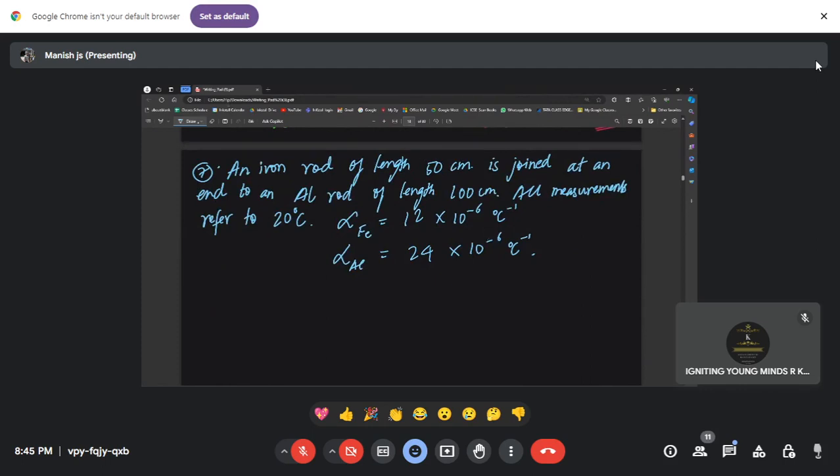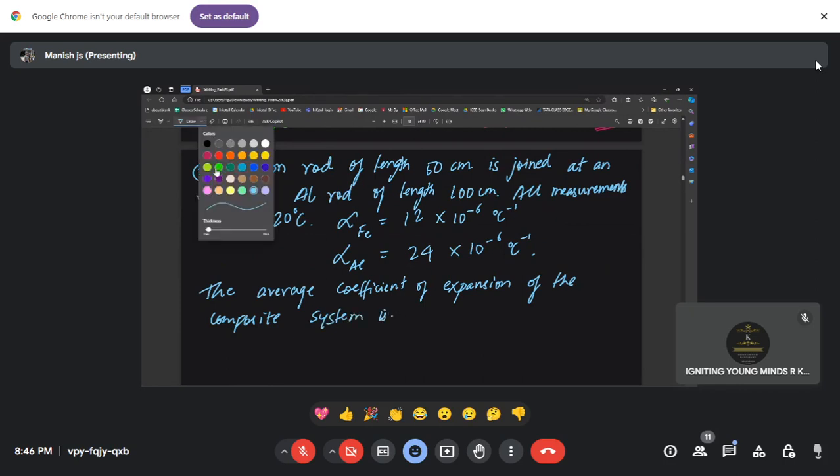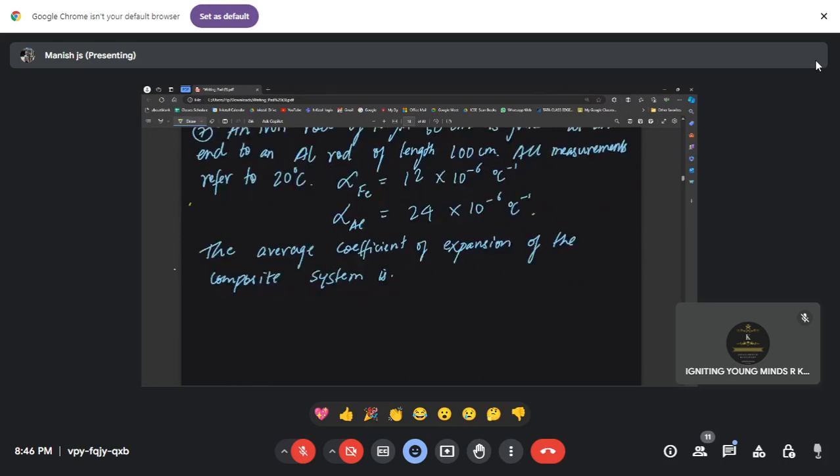Now the question is: what is the average coefficient of expansion of the composite system? So we need to calculate that. So I'm giving you the options.